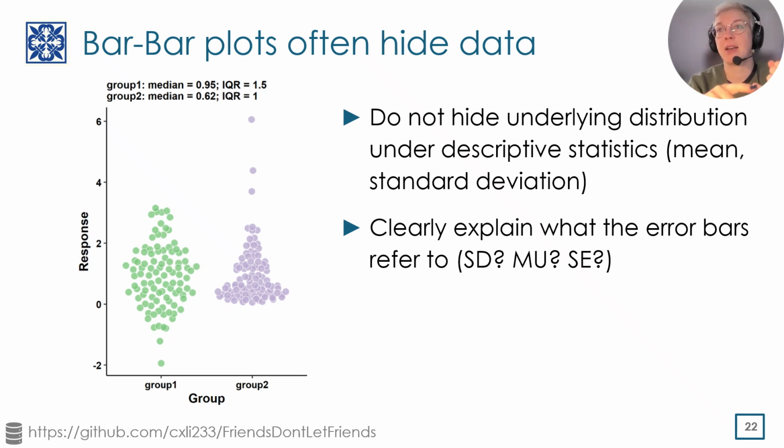Okay, is the error bar plus minus one standard deviation? Is it plus minus 95% confidence interval? Is it plus minus the standard error? I've seen all of that and some more. So it needs to be clearly spelled out in the legend what the error bar is referring to.